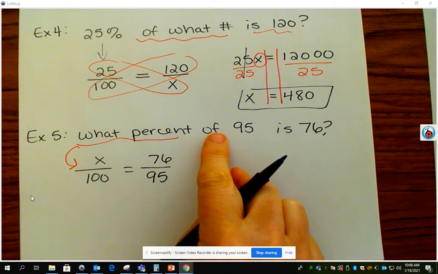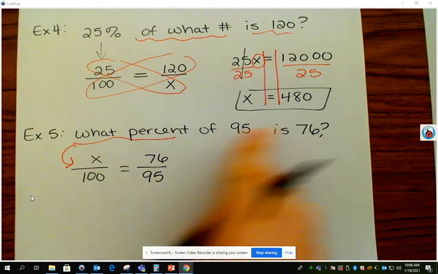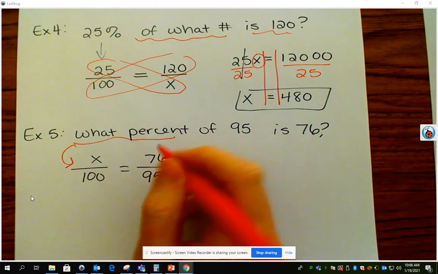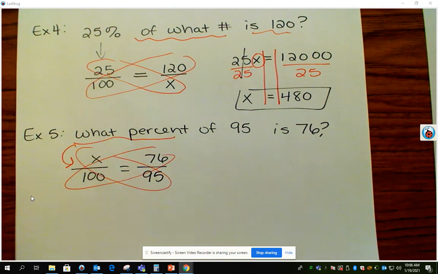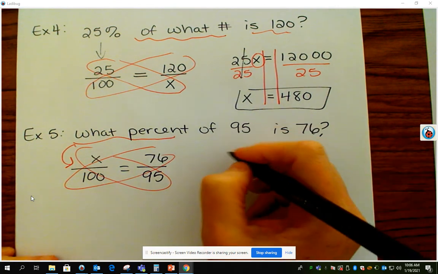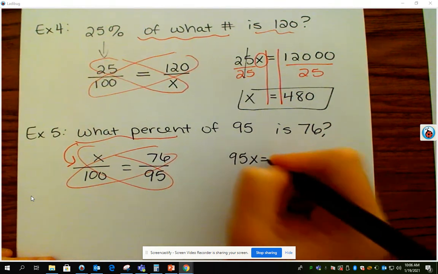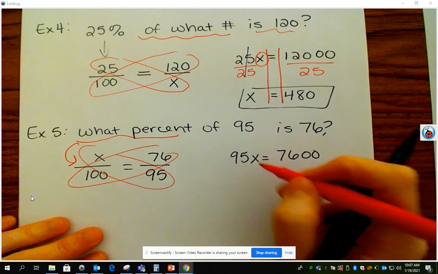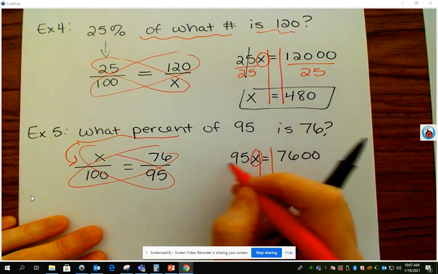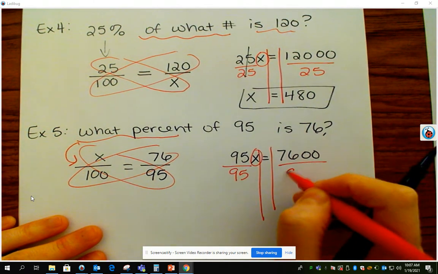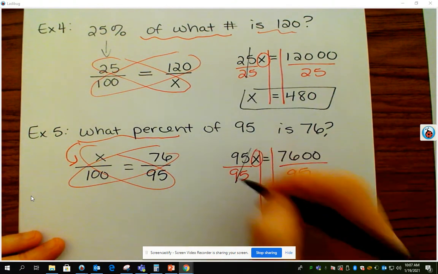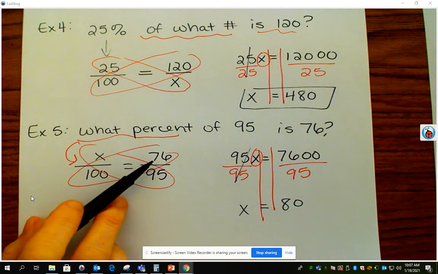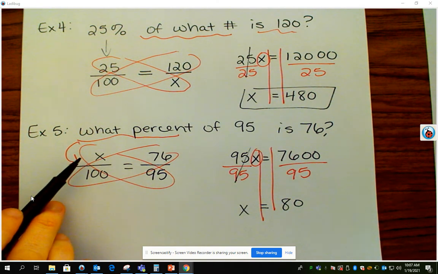What percent of 95 is 76? The part over the whole. And then we just cross multiply. Okay, 95 times x is 95x. 76 times 100, 7600. Solve for x by dividing by 95. x will equal 80. So 76 is 80% of 95.